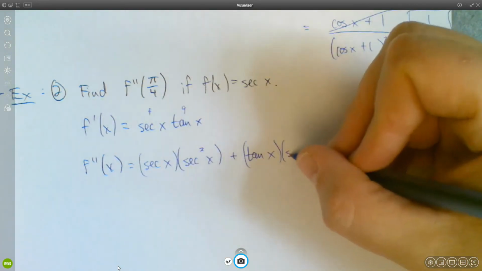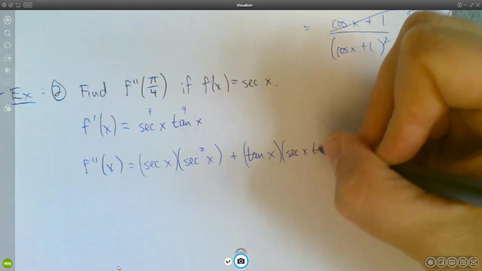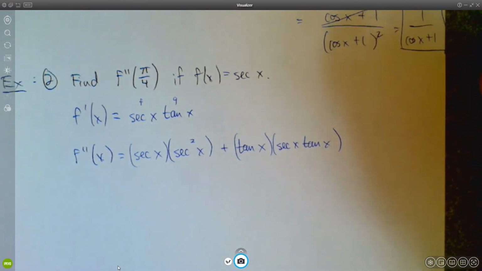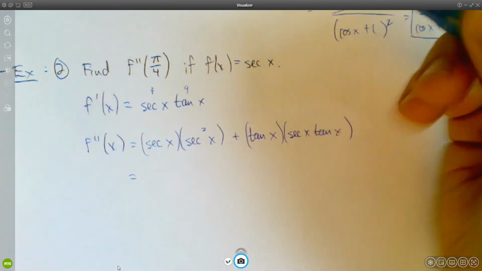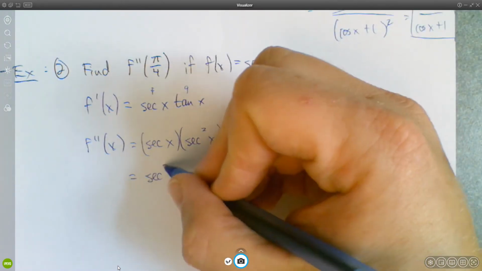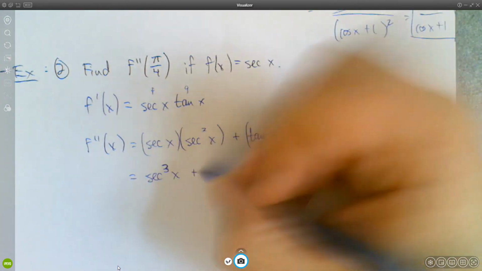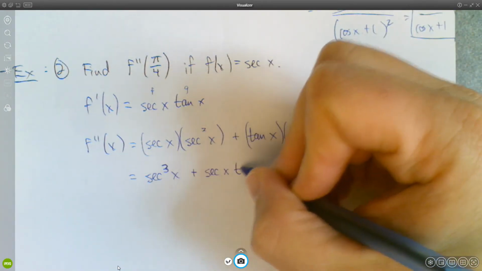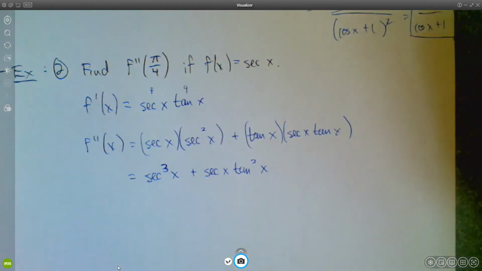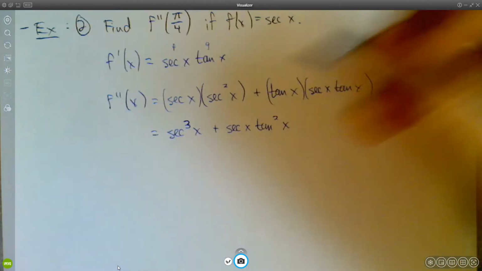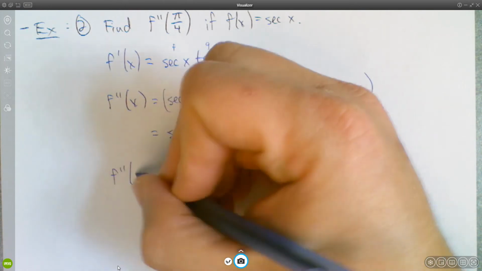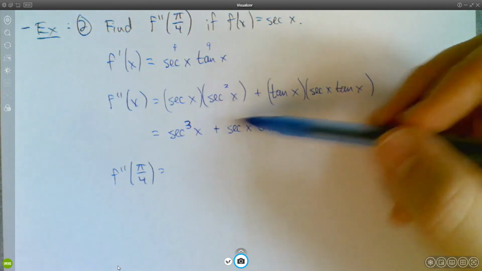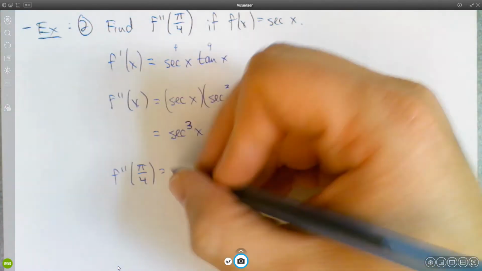Derivative of f is secant tangent. Okay, so we can do a little simplifying. This is secant cubed plus secant tangent squared. Okay, so there's f double prime of x. So now finally, if I want f double prime of pi over 4, well then you just plug pi over 4 into x in each of these places.